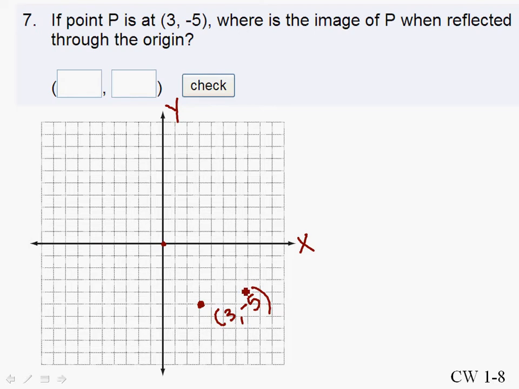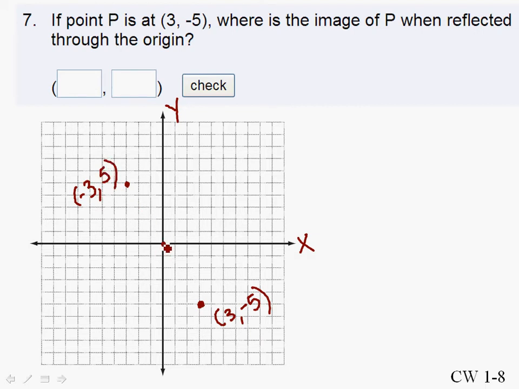If we reflect it through the origin, we're going to change both the x and the y. So reflecting it through the origin, we're going to have negative 3, 1, 2, 3, 4, 5. It's going to become negative 3 and positive 5.